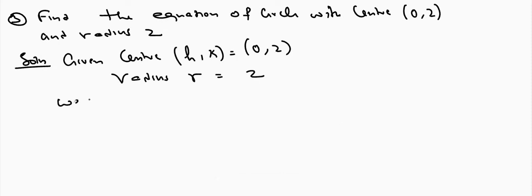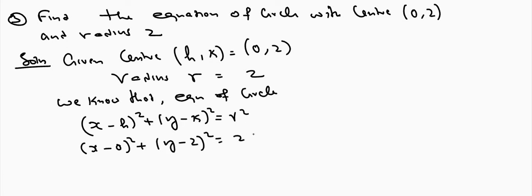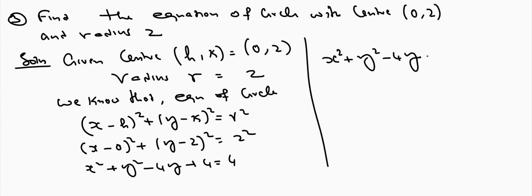We know that the equation of a circle having center at (h, k) and radius r is (x minus h) whole square plus (y minus k) whole square equals r square. Here we substitute 0 and 2 in the place of h and k. We get (x minus 0) whole square plus (y minus 2) whole square equals 2 square. We get x square plus y square minus 4y plus 4 equal to 4. The 4 will get cancelled and we get the required equation of the circle as x square plus y square minus 4y equal to 0.